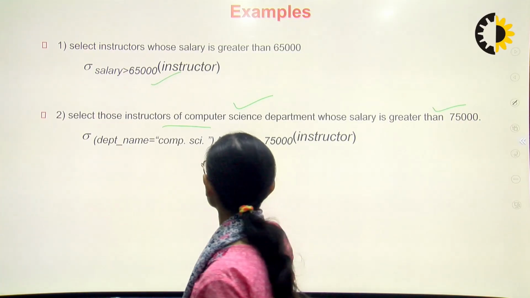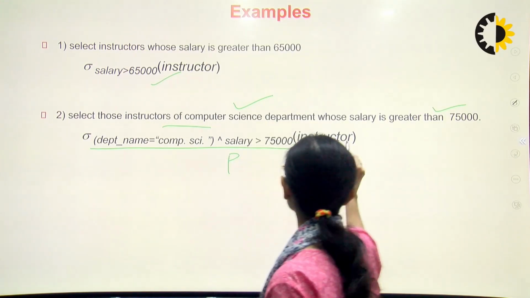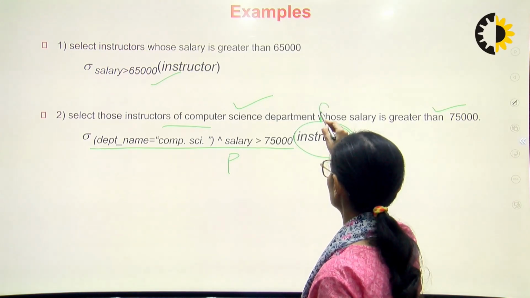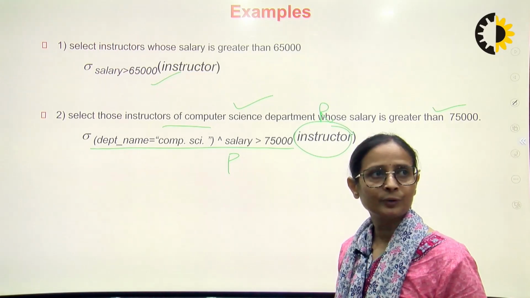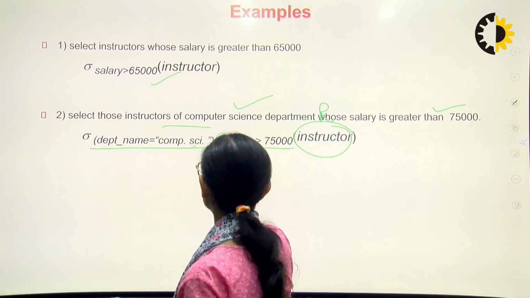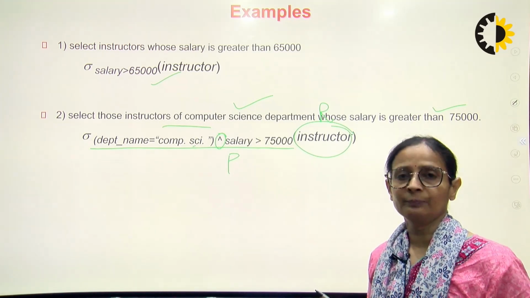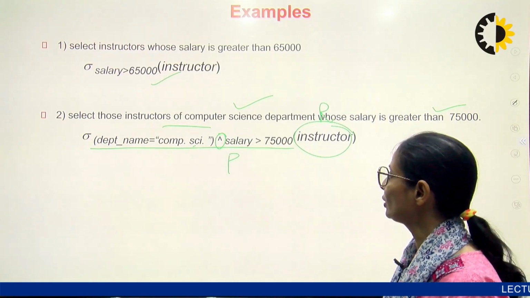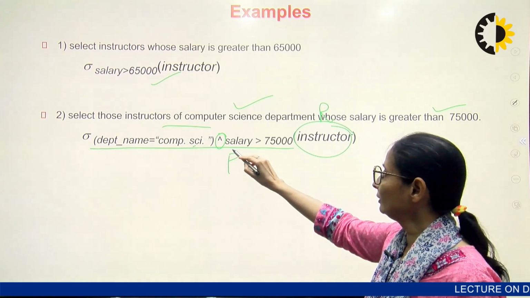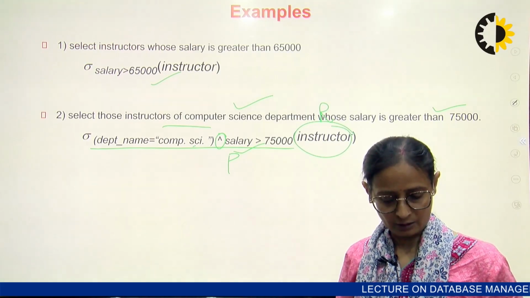So this is my predicate and this is the name of the relation, that is instructor. So here the predicate is department name equals computer science. Since these two particular things need to be ANDed, I used the AND operator, and then salary greater than 7,500.